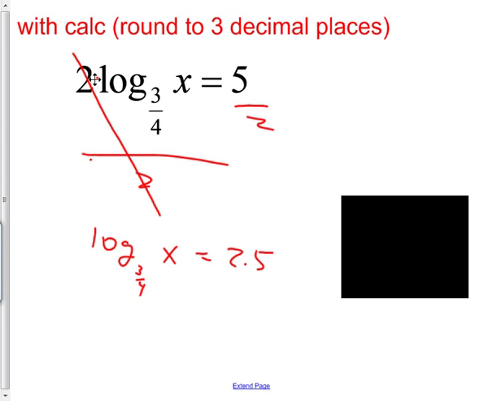And notice it says with calc, round to 3 decimal places. So go ahead. From here, it should be easy. Use your calculator. Figure out the answer.